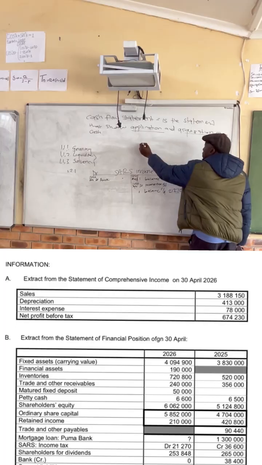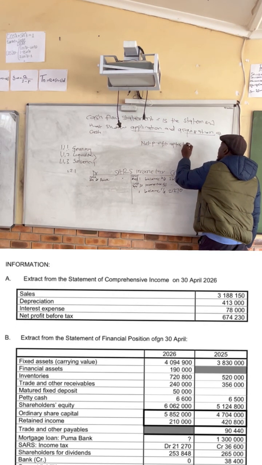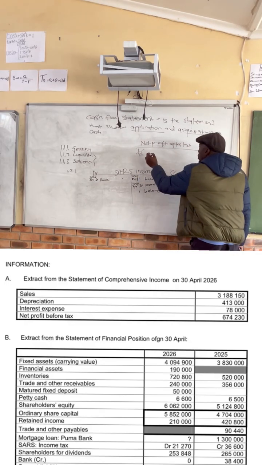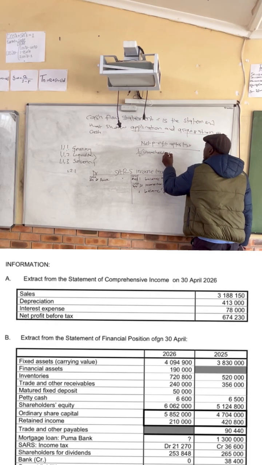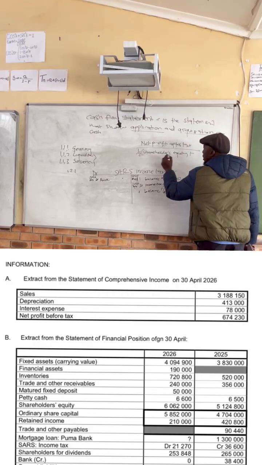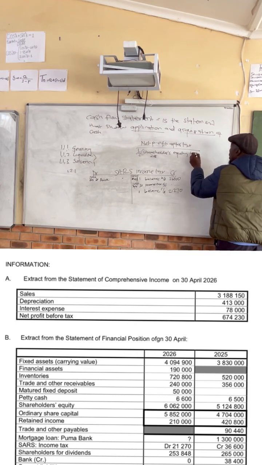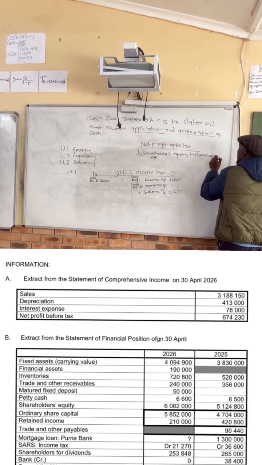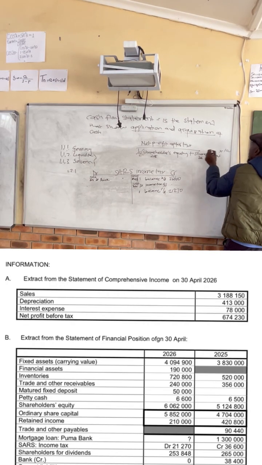Net profit after tax, divide by average, which is 1 over 2, of your shareholders equity. Shareholders equity for 2025 and shareholders equity for 2026, times 100.